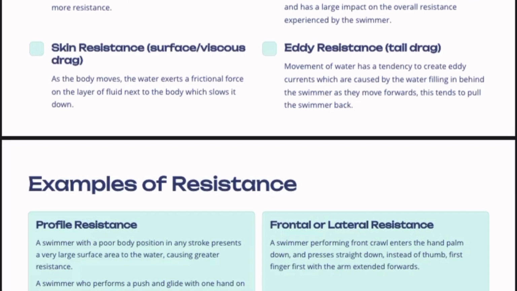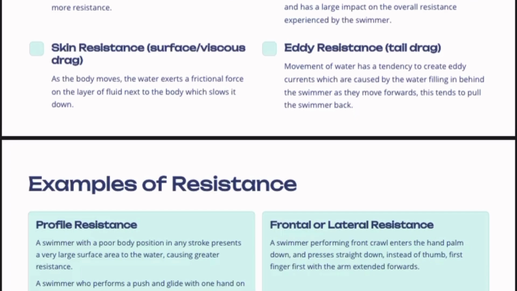Next is the skin resistance, which is the surface or viscous drag. As the body moves, the water exerts a frictional force on the layer of fluid next to the body, which slows it down. So next is the frontal or lateral resistance, which is the form or wave drag.